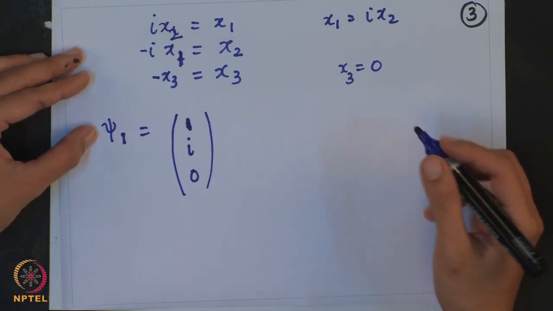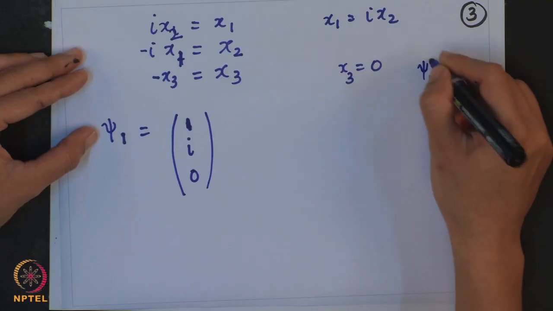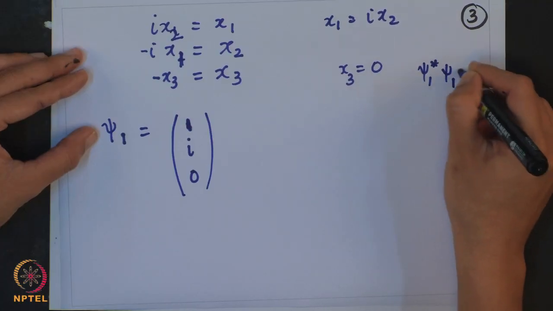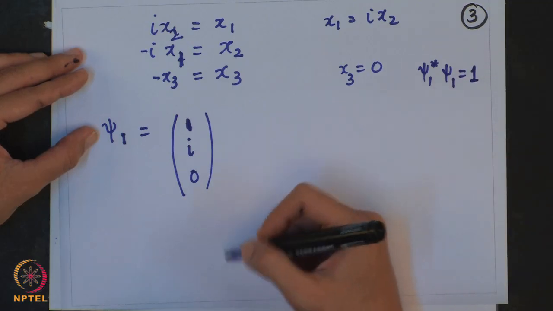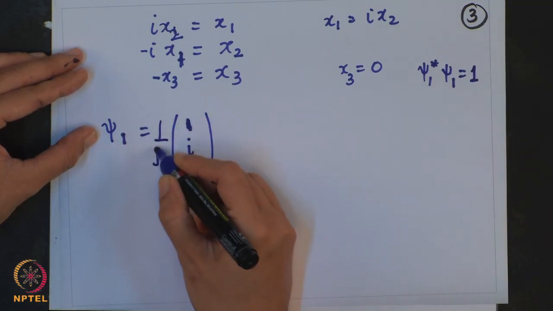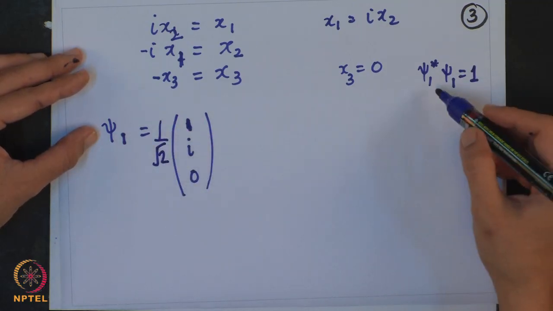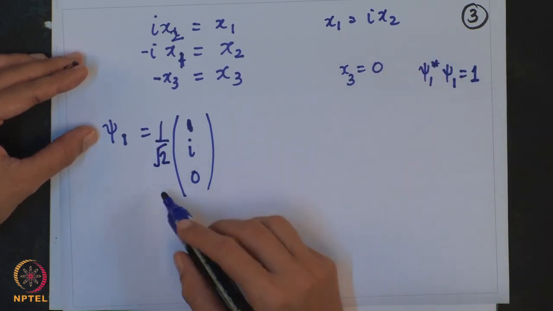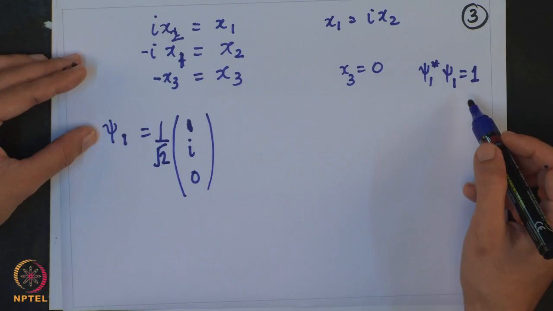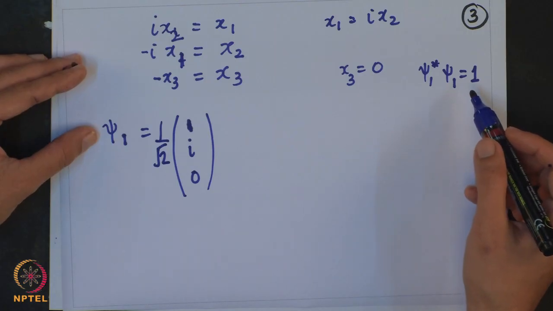Okay. Again I have used psi 1 star psi 1 equals 1 to calculate the normalization factor and the value of x. So the normalization factor and the value of x you can get from here.